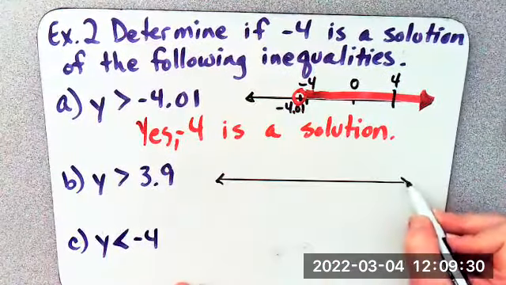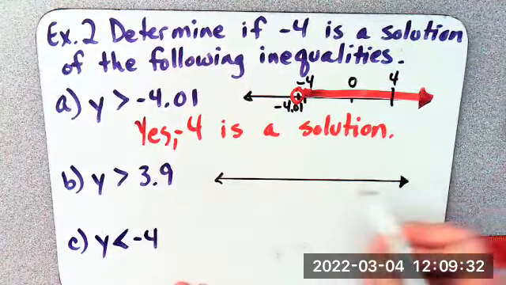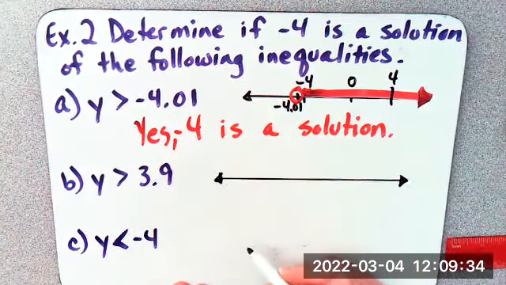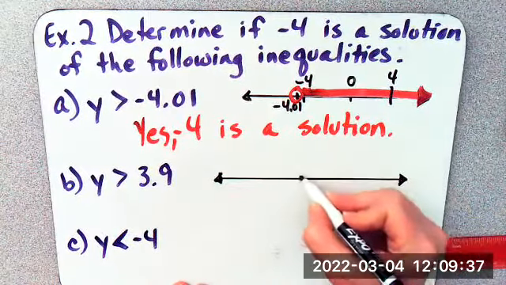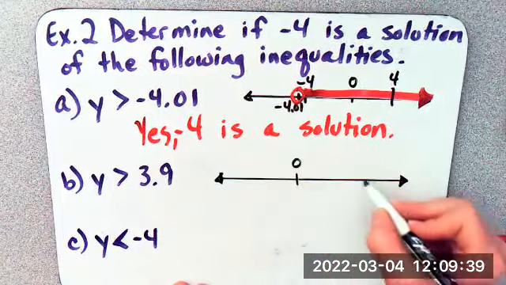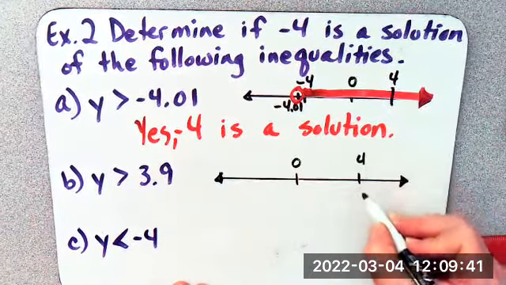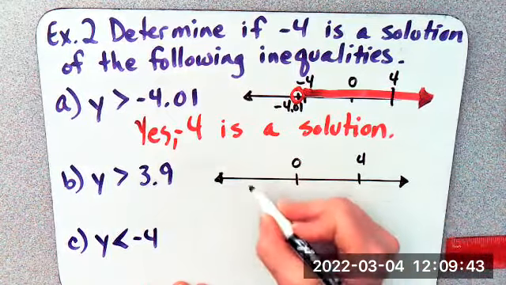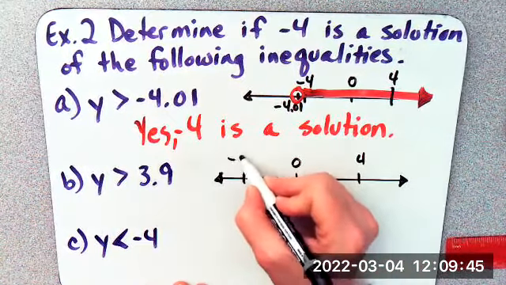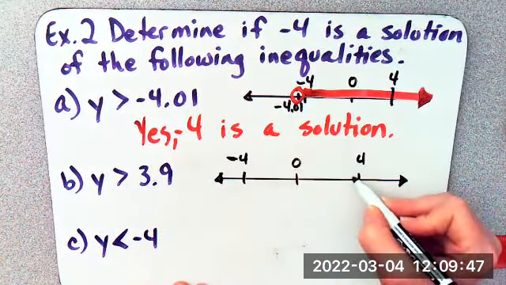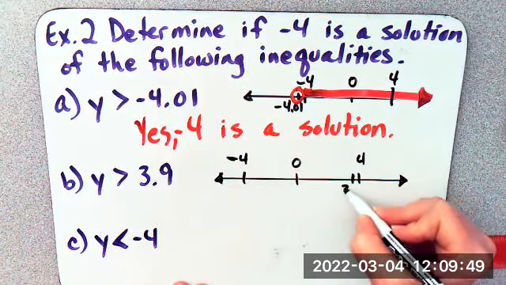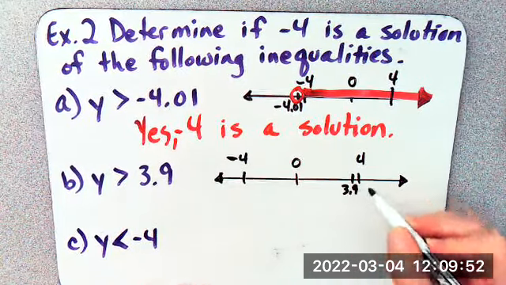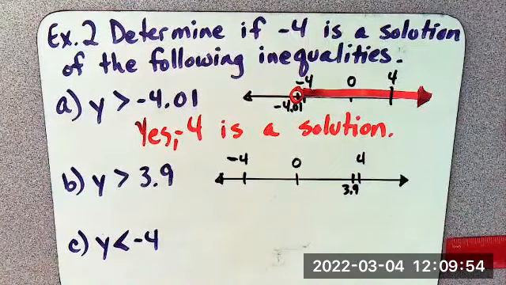All right, so then we want to look at this. We have 3.9. So we want to put a 0 over here. We've got a 4 right here, and we have a -4 right over here. And 3.9 is right about here. So this says it's greater than 3.9.